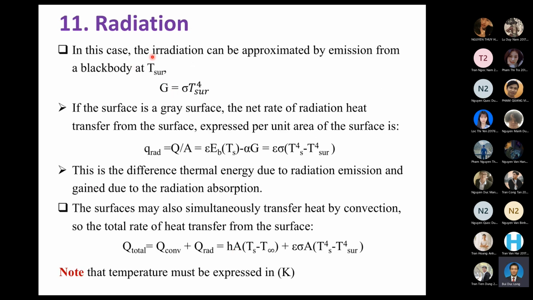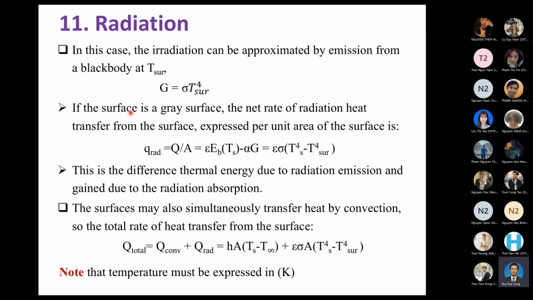In this case, the radiation can be approximated by emission from a black body at the surface temperature, so we have G equal to sigma T surround to the power 4.